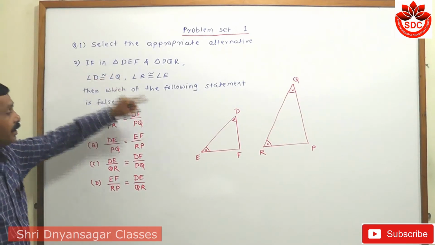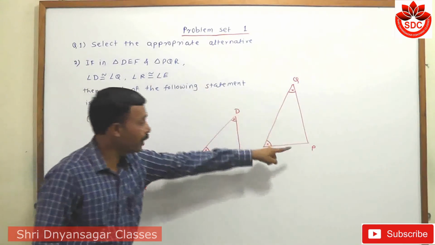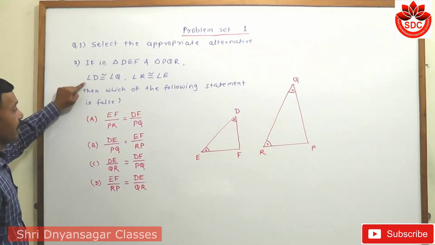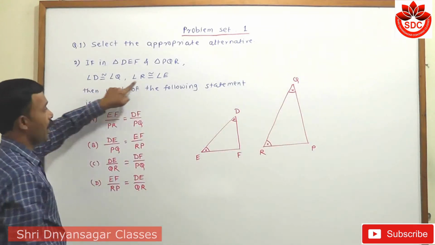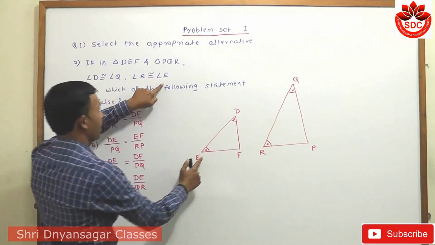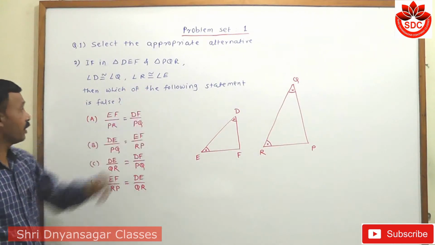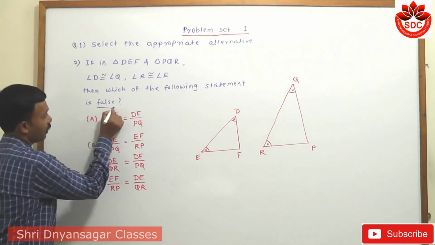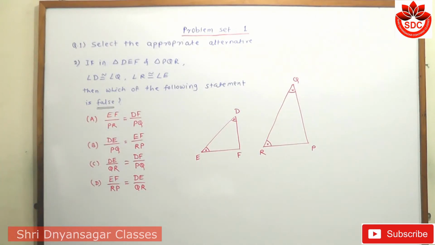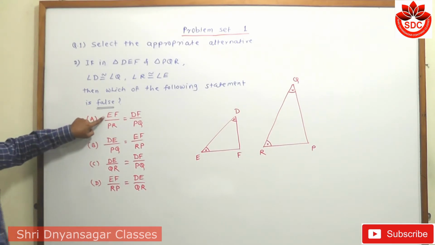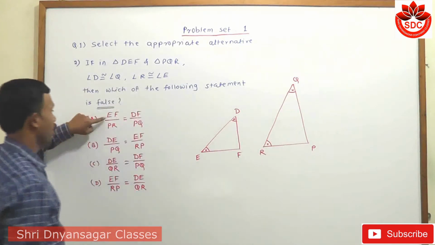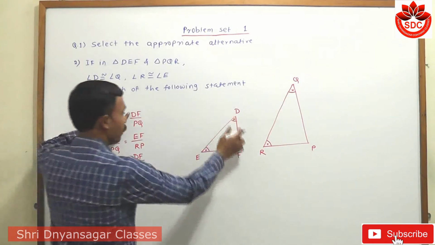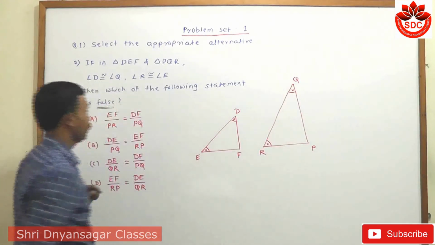If in triangle DEF and triangle PQR, look at this identical mark, angle D is congruent with angle Q, angle R is congruent with angle E, then which of the following statements is false? Look here, the question is which is the false. Now here the first one is EF upon PR is equals to DF upon PQ.